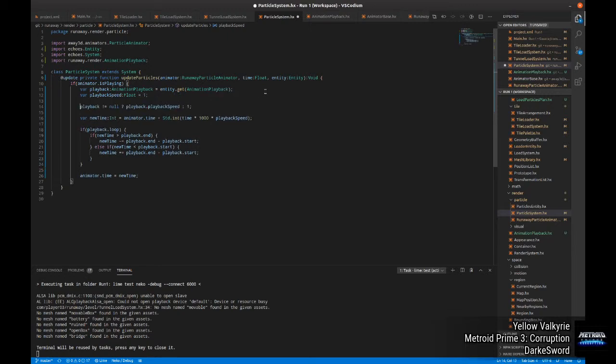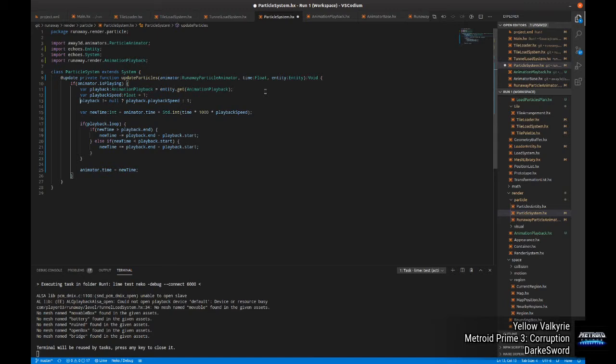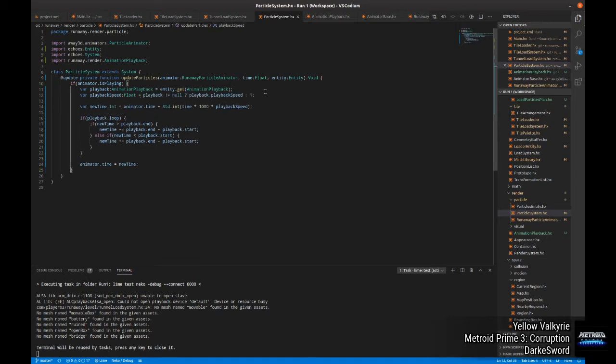Okay, we're doing even more code. So, I want to be able to define a function for playback speed based on other factors. No, I don't. That is overkill.